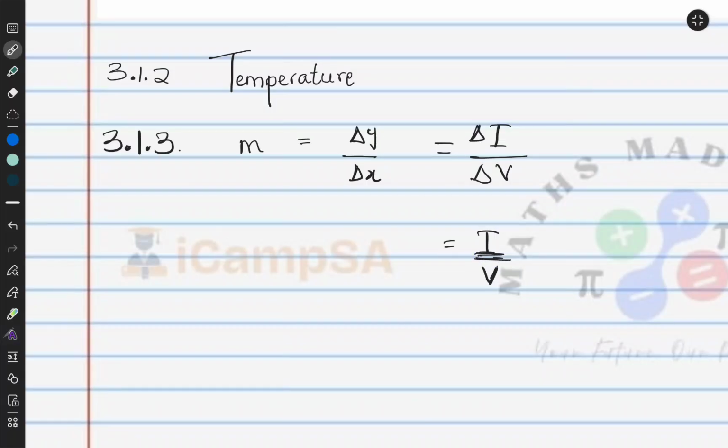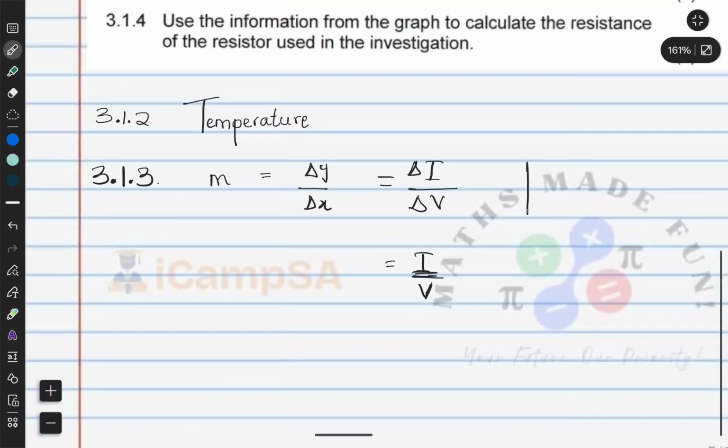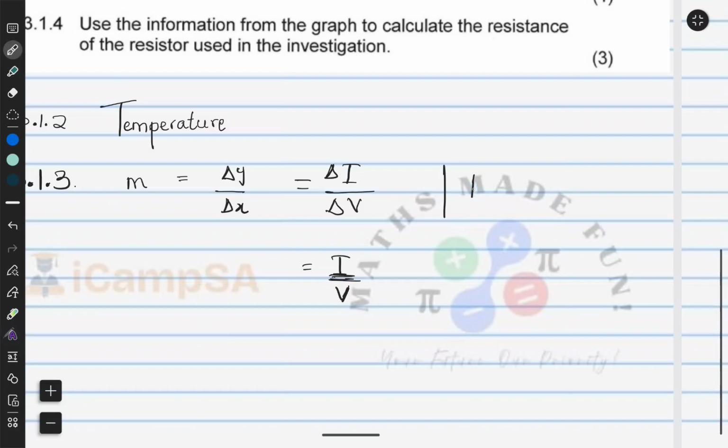Does this represent something we've seen before? Yes. Ohm's law says the resistance is equal to the voltage divided by the current.